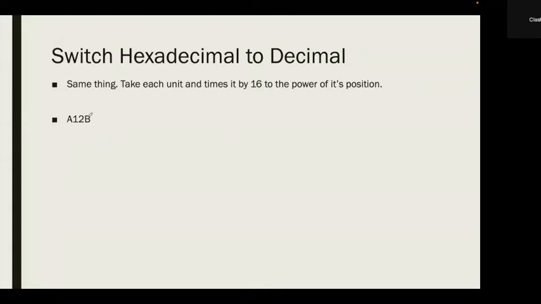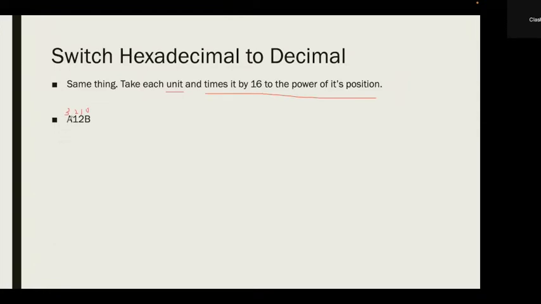First thing you want to do, the same as last time, is mark the position of each digit. So starting from the right side, 0, 1, 2, and 3 for this number. And then you're going to take each digit or each unit and times it by 16 to the power of its position.